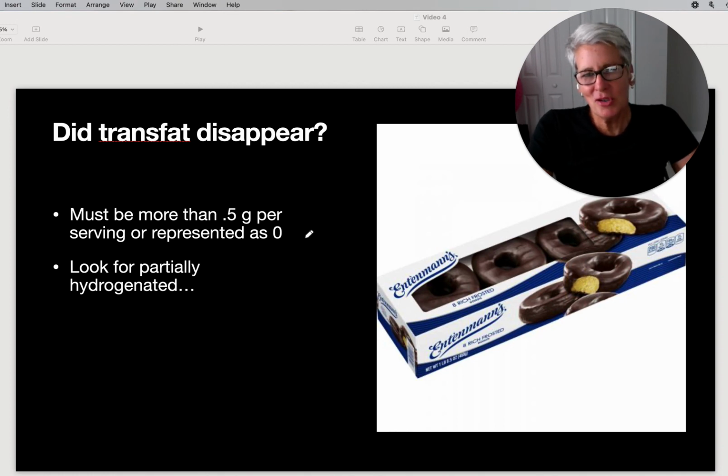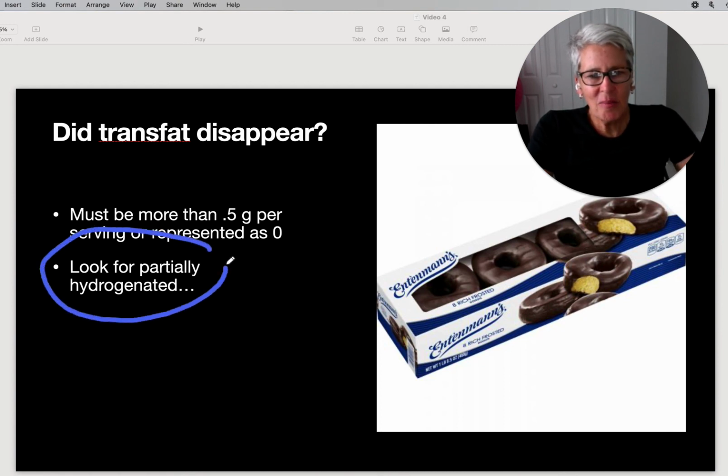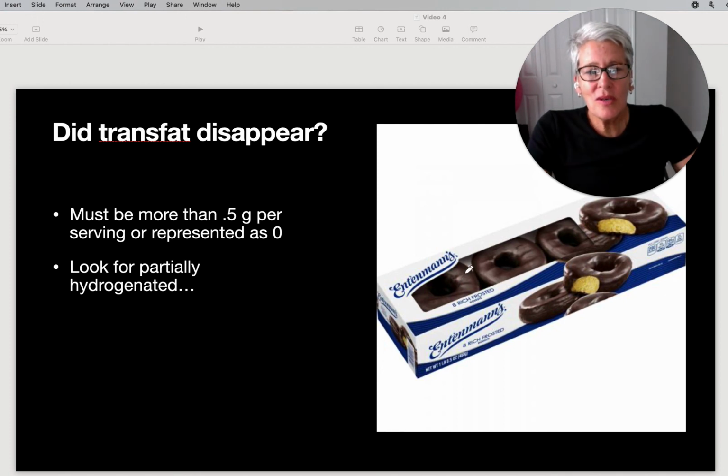But because you've seen this in the ingredients list, you know this product has trans fat and you know that it has maybe 0.5 grams or less per serving. So say, for example, a serving was one donut. Well, maybe I have two donuts.